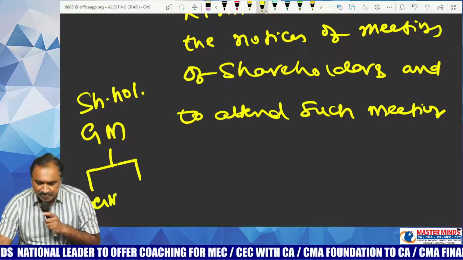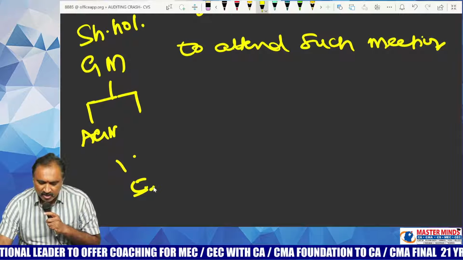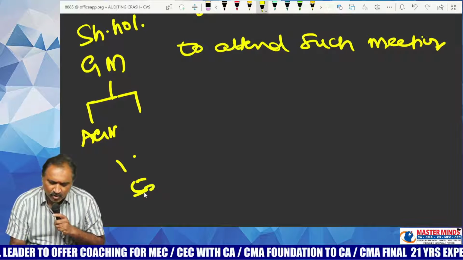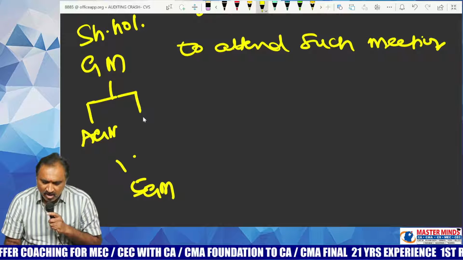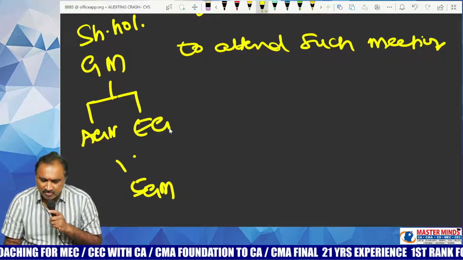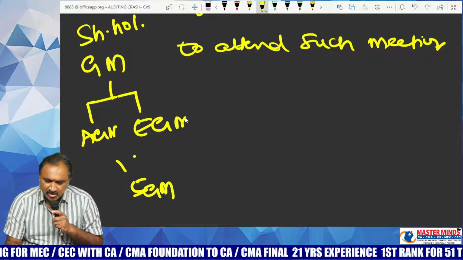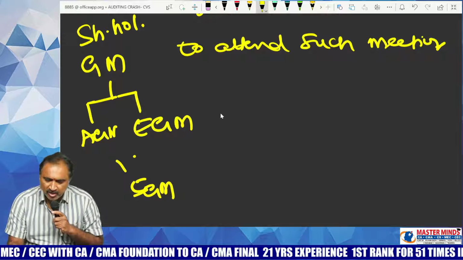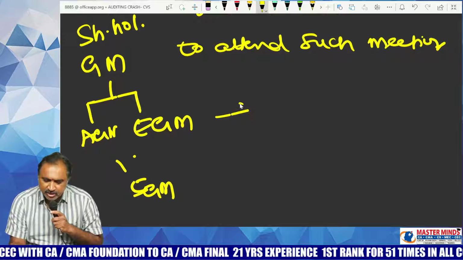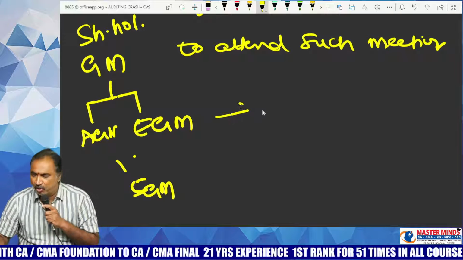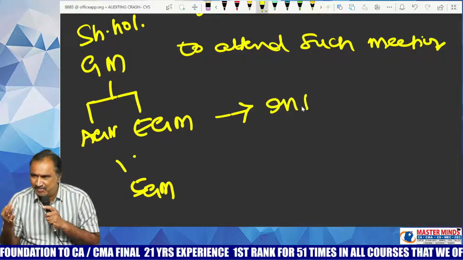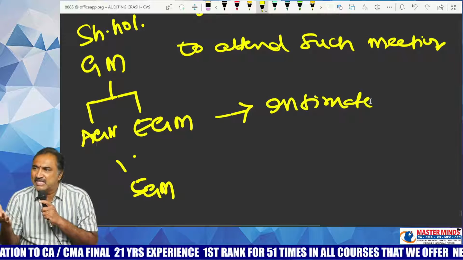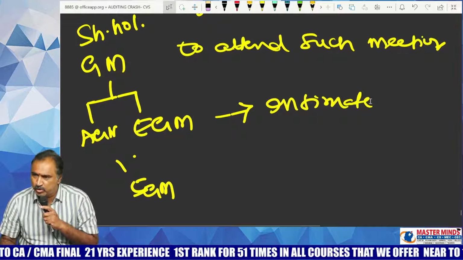Whenever any company wants to hold either an annual general meeting or an extraordinary general meeting of its shareholders, the company shall have to intimate the date, the day, the time and the business to be transacted at the meeting to the shareholders.